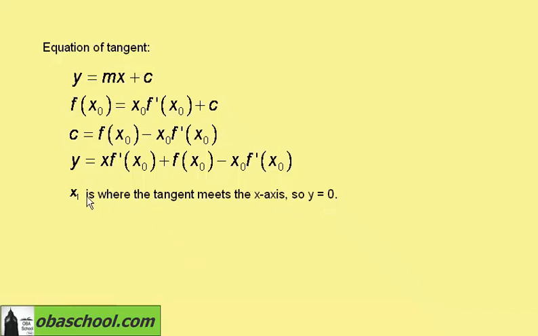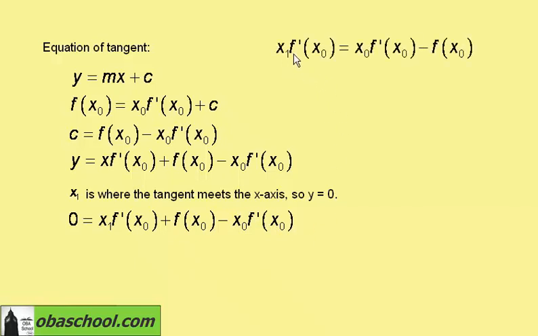So we need to substitute x equals x1 and y equals 0 in this equation. That gives us 0 is equal to x1 times f dashed x0 plus f of x0 take away x0 times f dashed x0.